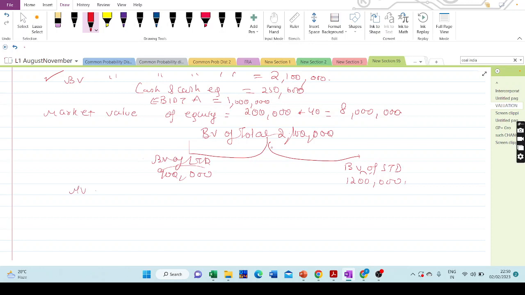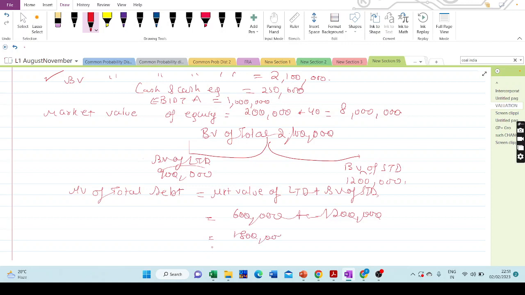So market value of total debt is market value of long-term debt plus book value of short-term debt. Why are we using book value of short-term debt? Because we do not know the market value of short-term debt. Now, what's the market value of long-term debt? 600,000. And what was the book value of short-term debt? 12 lakhs. So market value of debt is 18 lakhs or 1.8 million.